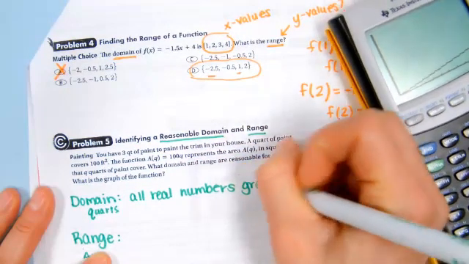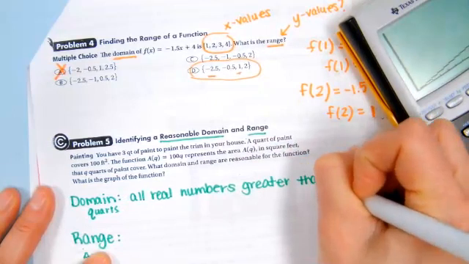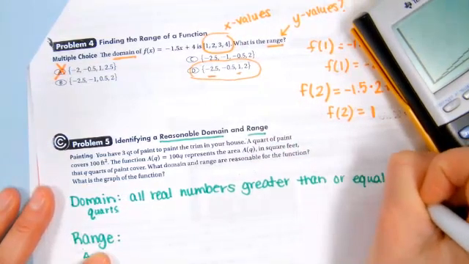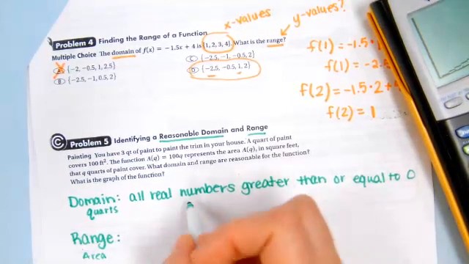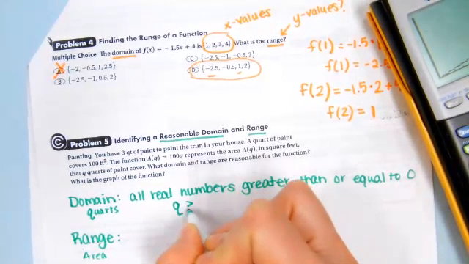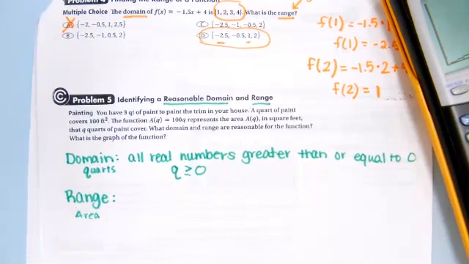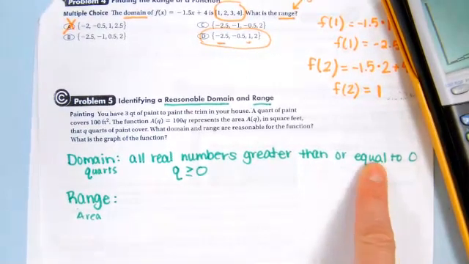Greater than 0. Greater than or equal to 0, actually. Could you write that as Q is greater than or equal to 0? Yes. Which way is shorter and nicer? A lot of times they use that, but sometimes they'll use words.